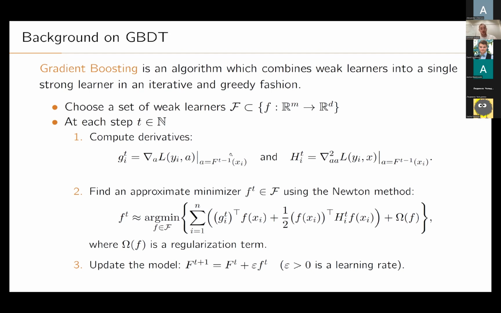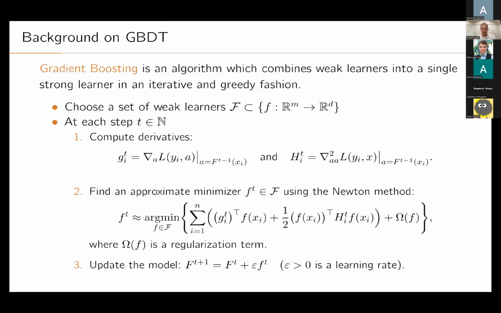And to do this, as usual, we compute derivatives of our loss function. Let's say we computed first order and second order derivatives, so gradient and Hessian. And then we try to find in our class of weak learners a minimizer of, let's say, first or second order Taylor expansion of our loss function.